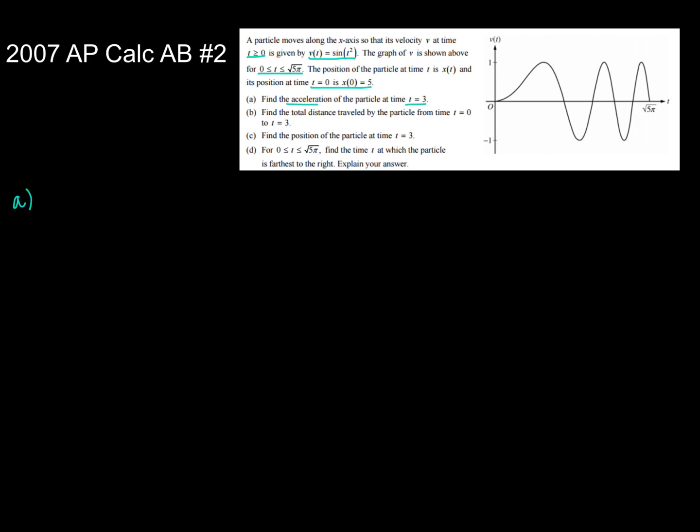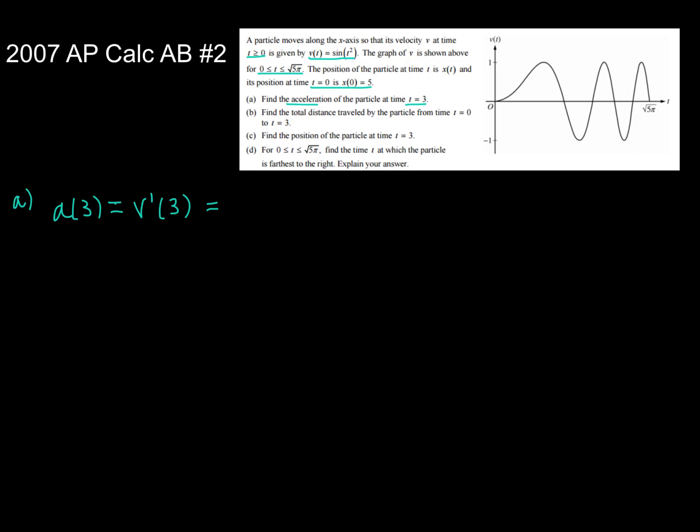So that means that the acceleration at time 3 is going to be equal to the derivative of velocity at time 3. Now, I can take the derivative here by hand, and that wouldn't waste too much time, but you have a calculator here. So it makes a lot more sense to find the derivative at t equals 3 using your calculator.